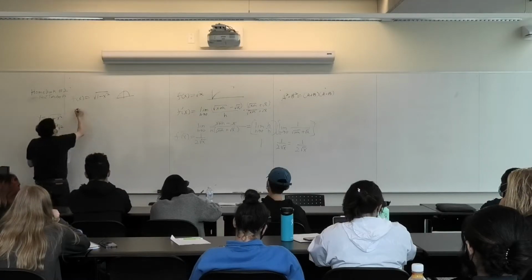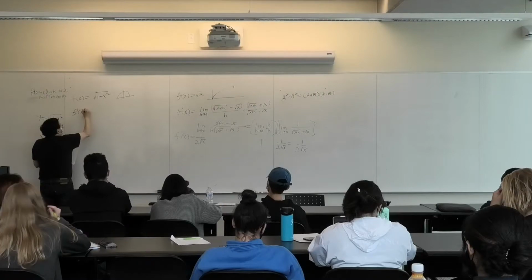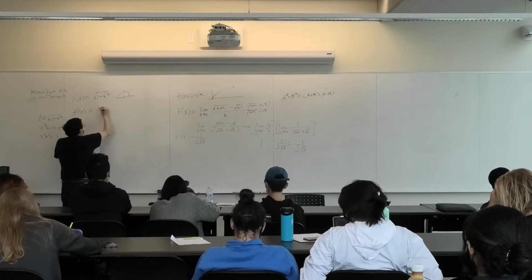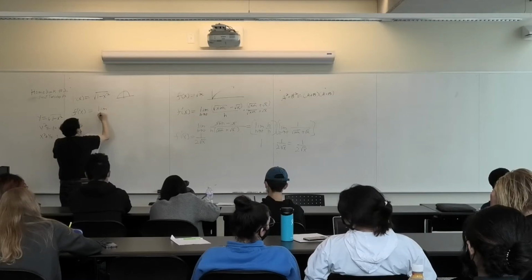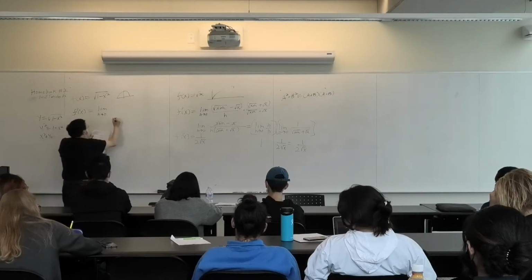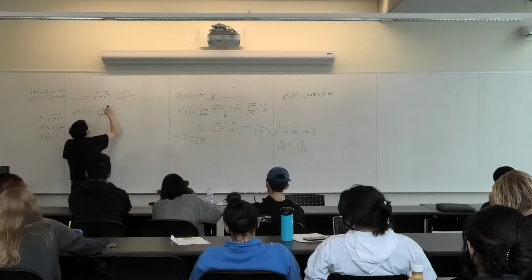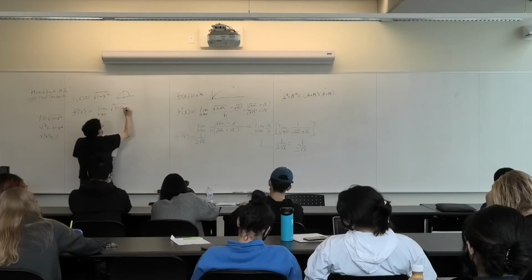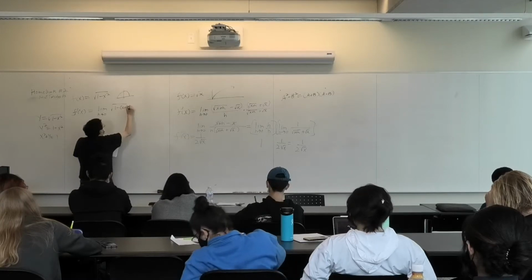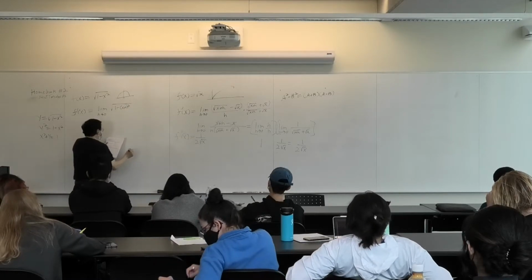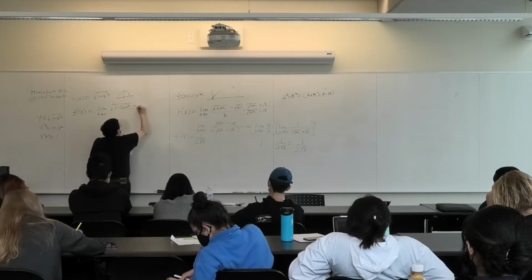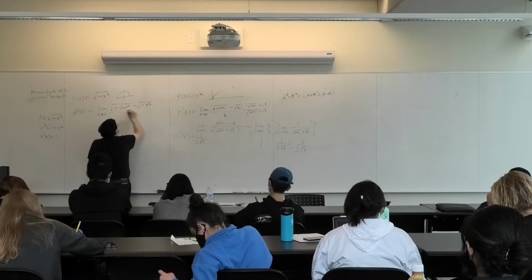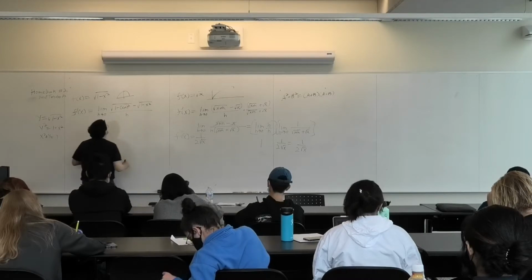Well, let's apply calculus now. See what we get. The limit as h approaches 0 of, okay, so f of x plus h is the square root of 1 minus x plus h squared, minus f of x, the square root of 1 minus x squared, over h.